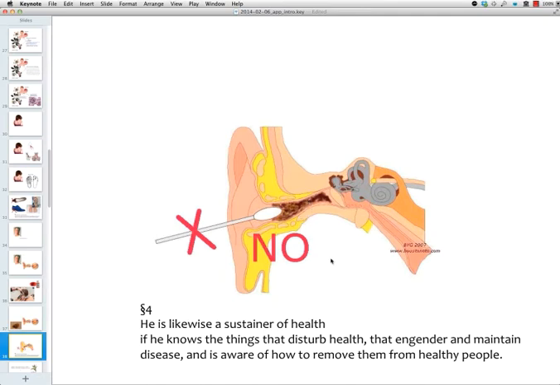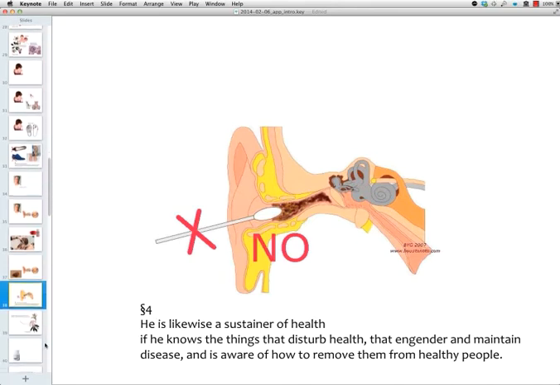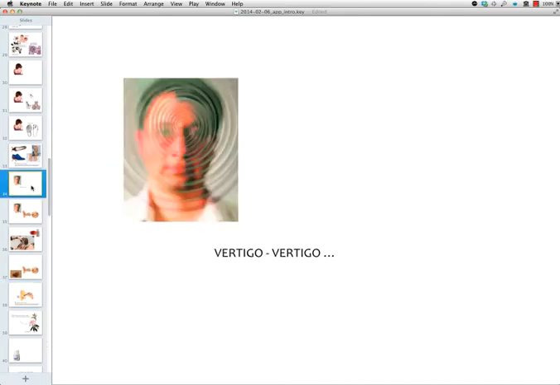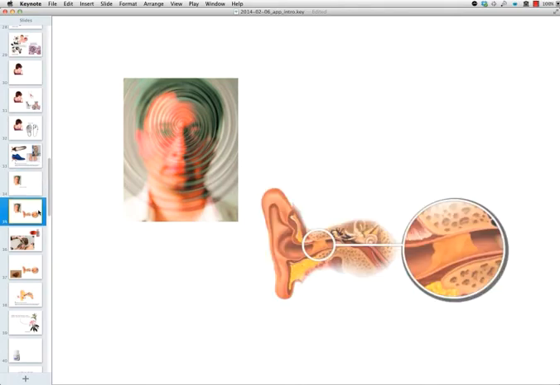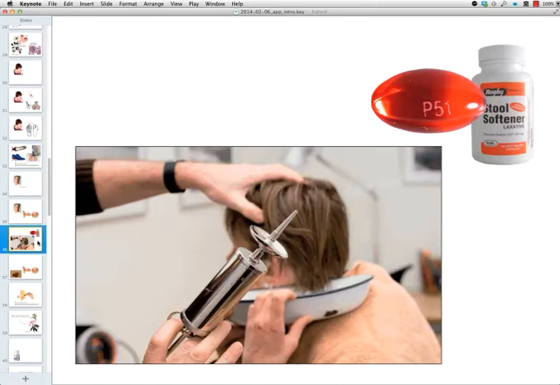We're also a sustainer of health if we know the things that disturb health and engender and maintain disease and are aware of how to remove them from healthy people. And all of the cocculus and conium and whatever other vertigo remedies we can summon up in this case wouldn't have done anything because the intervention needed to be cerumen removal.